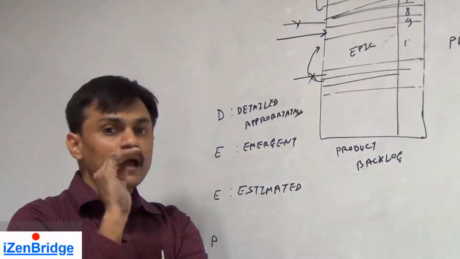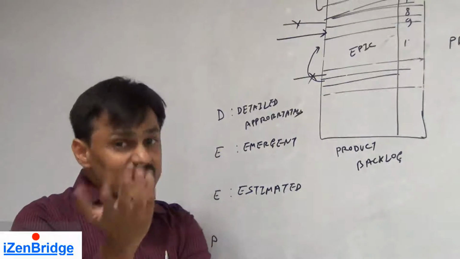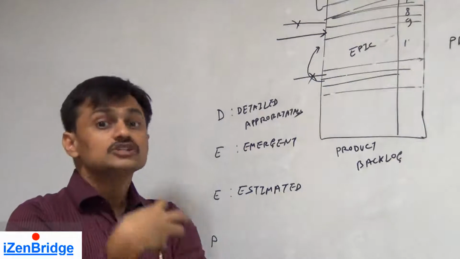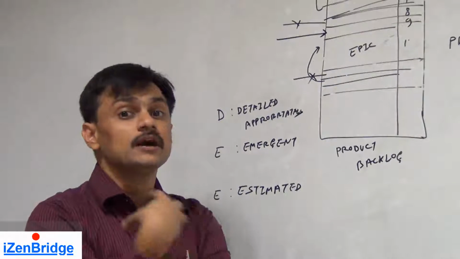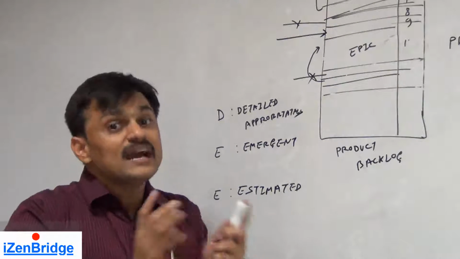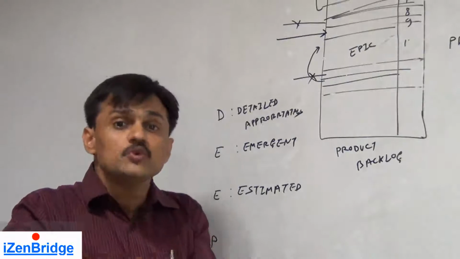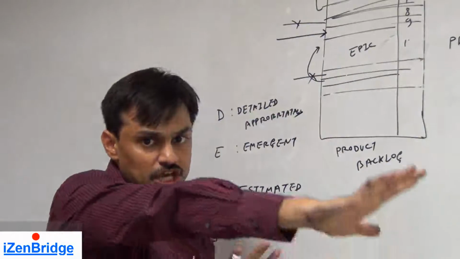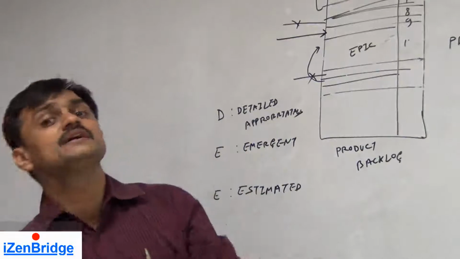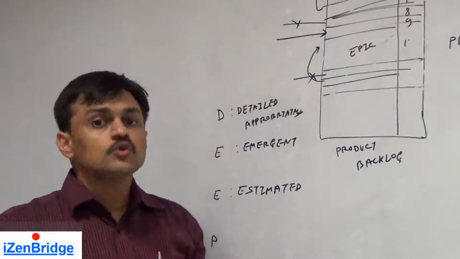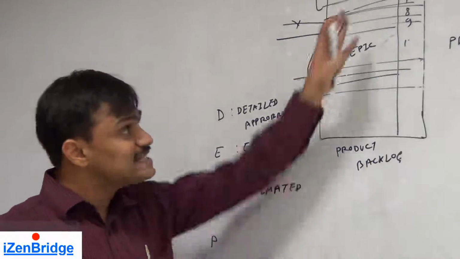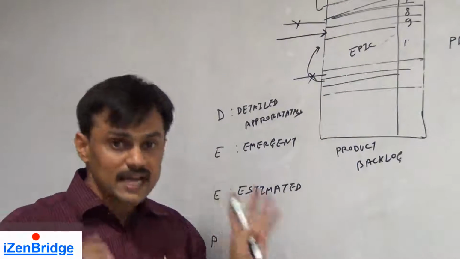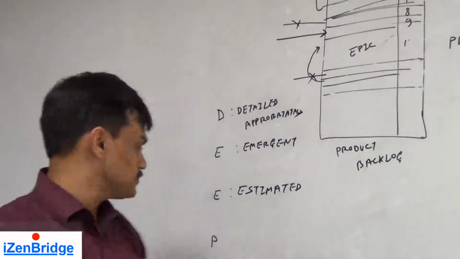There may be a higher variance, but it's good to have an associated number with it, because having a number will help us in comparing two items. If we have two big items, both are coming at the later stage, we should know which one is bigger than the other. So a good product backlog should have an estimated size number attached to all product backlog items.